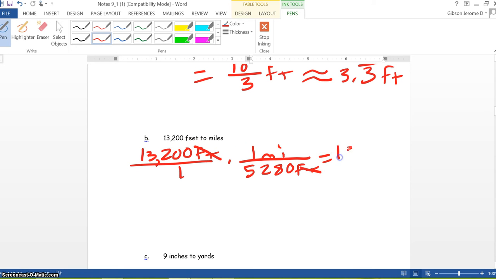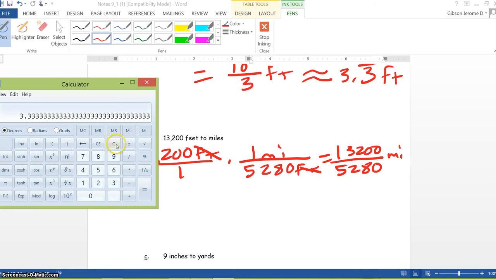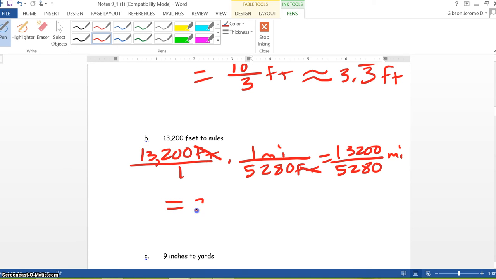So we will have 13,200 all over 5,280. And that's miles. Now we can put this in the calculator. We could type in 13,200 divided by 5,280. And that would give us 2.5. So it would be 2.5 miles.